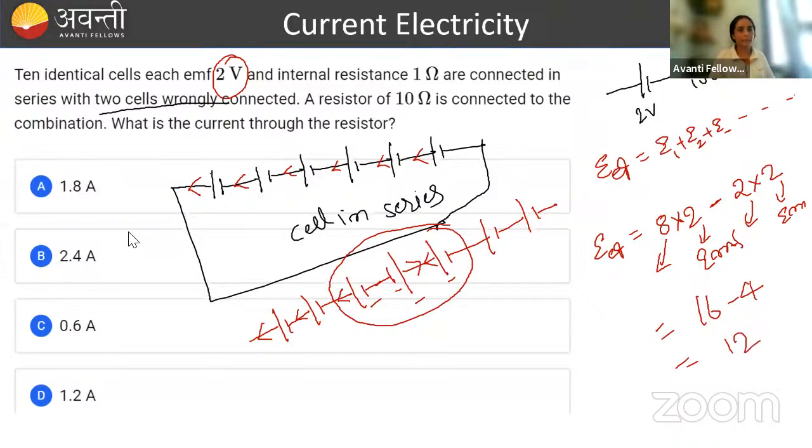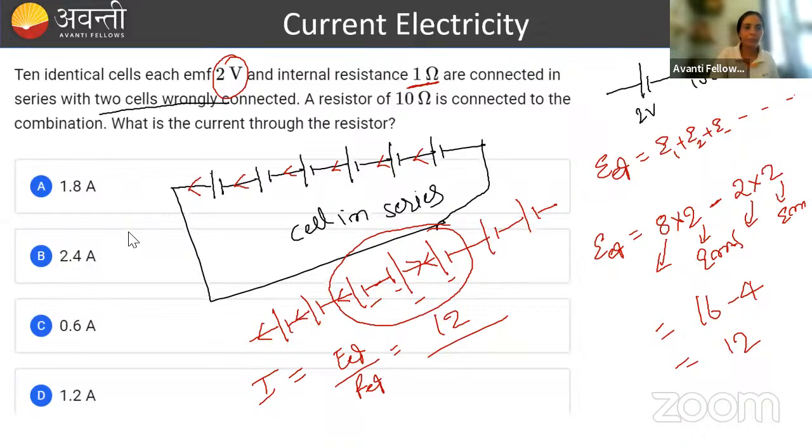What do we have to find? The current. So how will we find the current? Current is E equivalent divided by R equivalent. E equivalent is 12. What will R equivalent be? We have 10 cells, all with internal resistance equal to 1 ohm. Even if cells are wrongly connected, R equivalent will get added, right?